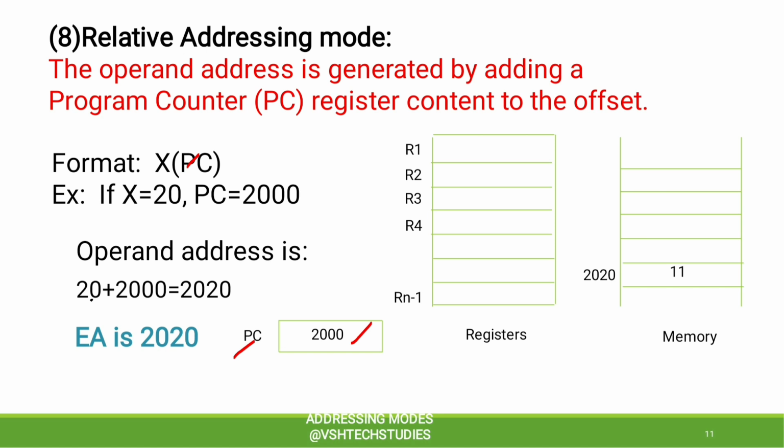If it is 2000 here, 2000 is added to X, which is 20 here. Both are added, then 2020 is the effective address. In memory location 2020, whatever operand is there is used for the processing.